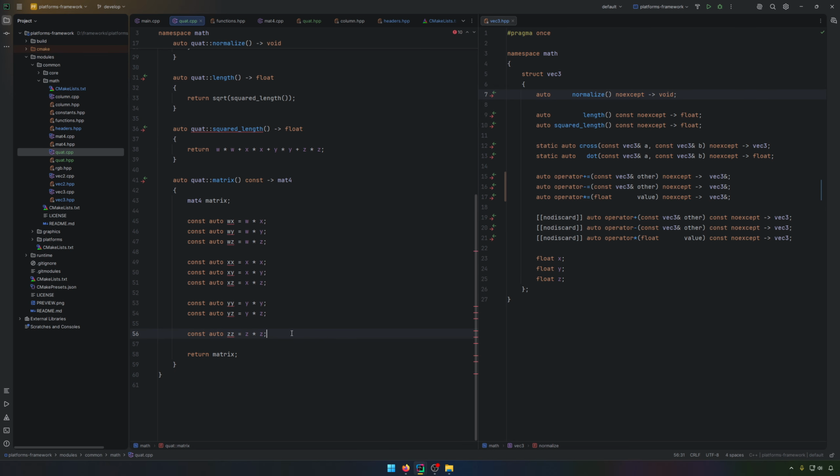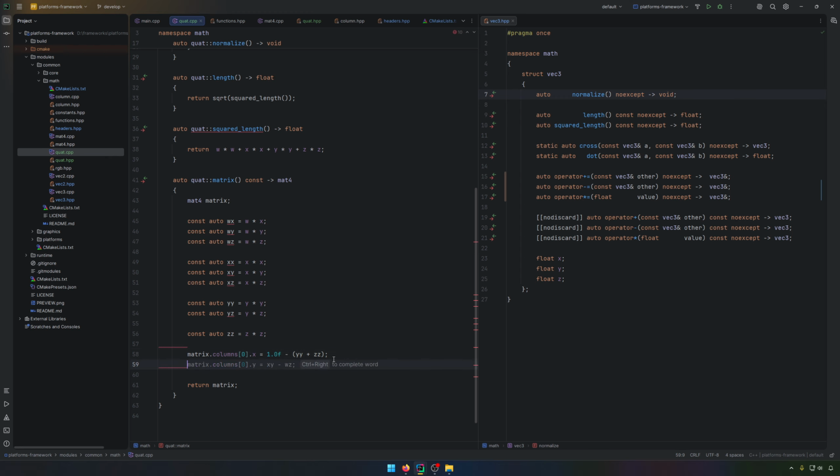I remind you that the order for my matrix is column based. So we are starting with the first column. Column 0 x equals 1.0f minus y plus zz.